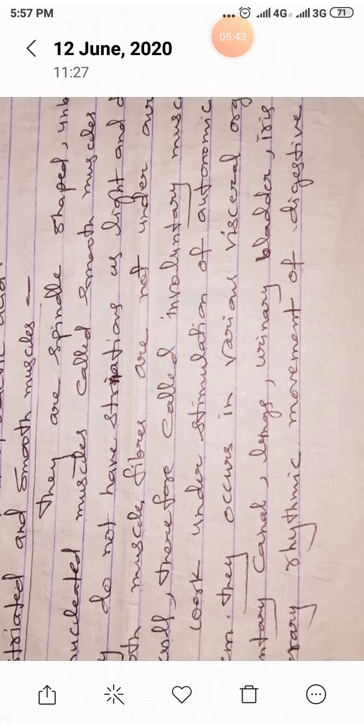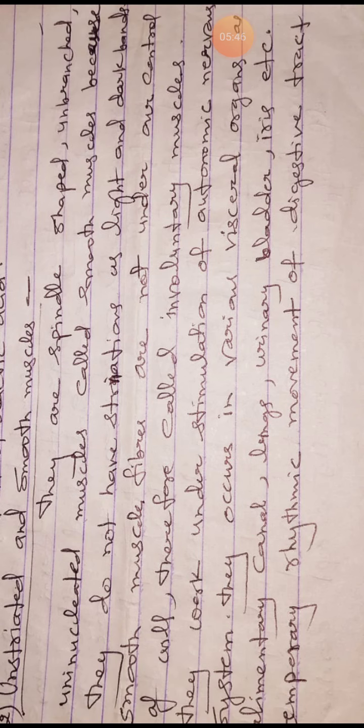They occur in various visceral organs such as the alimentary canal, lungs, urinary bladder, arteries, etc. Smooth muscles in the alimentary canal, our digestive tract, show a rhythmic movement. That rhythmic movement is called peristaltic movement, which helps push the food forward.